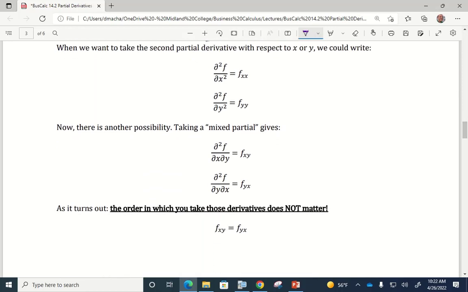If you want to take the second partial derivative, just like with derivatives, we could take second derivatives. You just take the derivative of the derivative. You can also do second partial derivatives. You just take the partial derivative of the partial derivative.